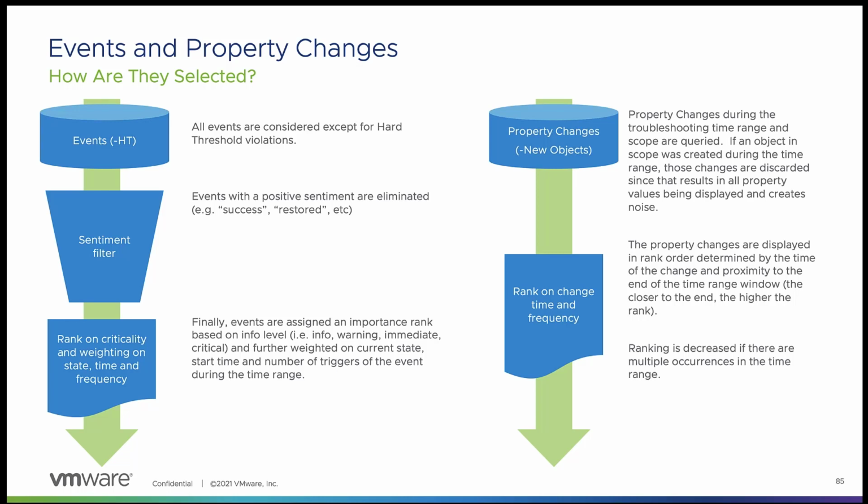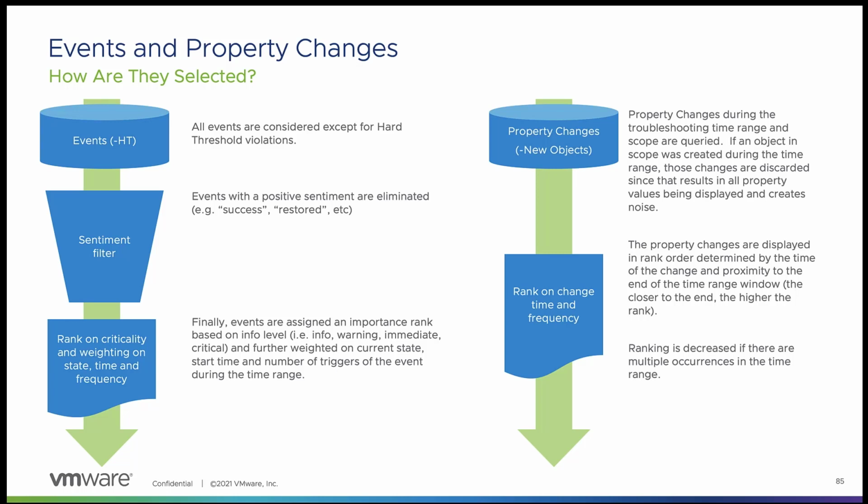But if it's a success or restored, we're taking those out. And then it's going to be assigned a ranking based on info, warning, immediate, or critical levels for that particular event, and then further weighted on what the current state is, what the start time is, and the frequency that particular event might have happened.